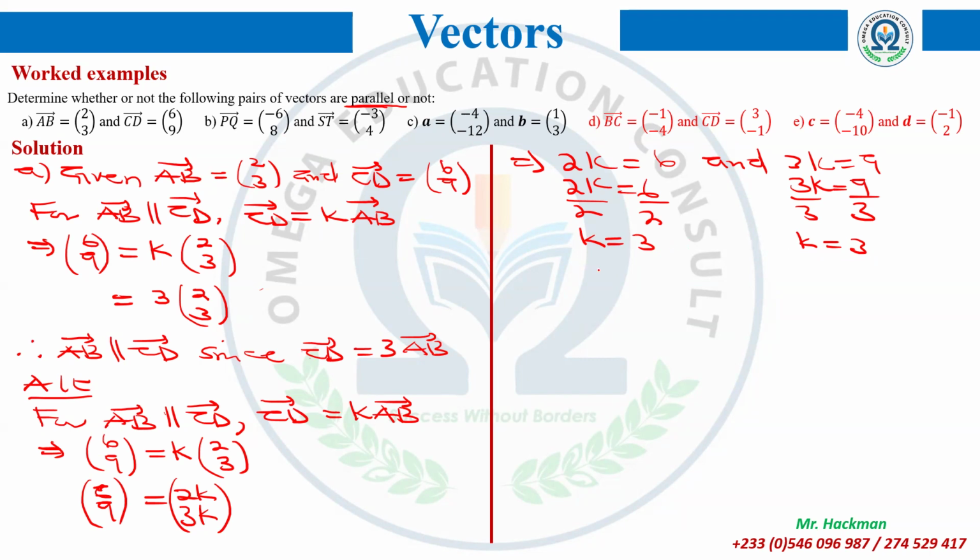So at this point, you are more than comfortable and convinced that the two vectors are parallel. So we can say that therefore, vector AB is parallel to vector CG.